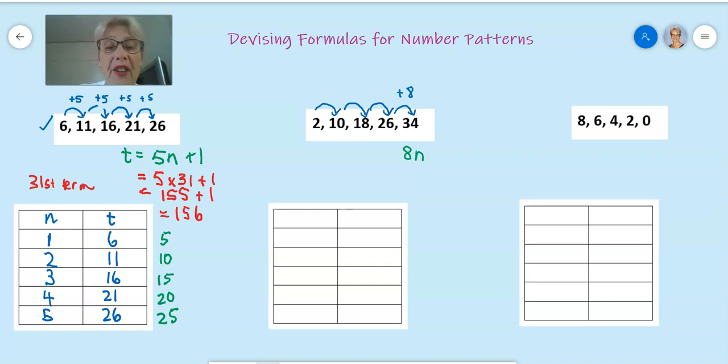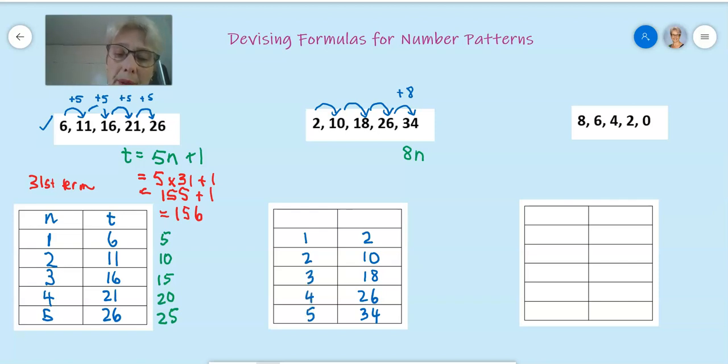Let's work out the next part of our formula. Let's write our sequence, our pattern, down in our table. So we have 2, 10, 18, 26, and 34. On the left-hand side, I'm going to put in the position of each number: 1, 2, 3, 4, and 5.